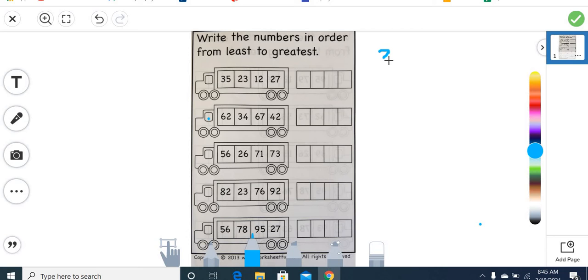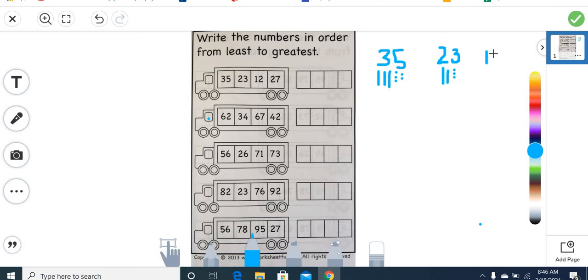Number 35, I know, has 1, 2, 3 rods and 1, 2, 3, 4, 5 dots. 23 has 2 rods and 1, 2, 3 dots.